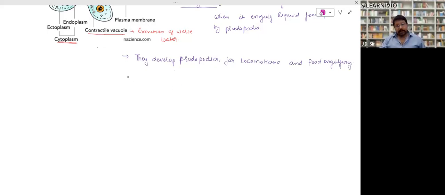The body remains covered with plasma membrane, meaning pellicle is not found. So the body remains covered with the plasma membrane.